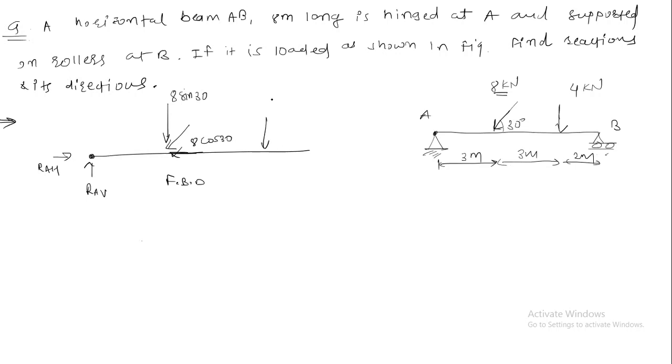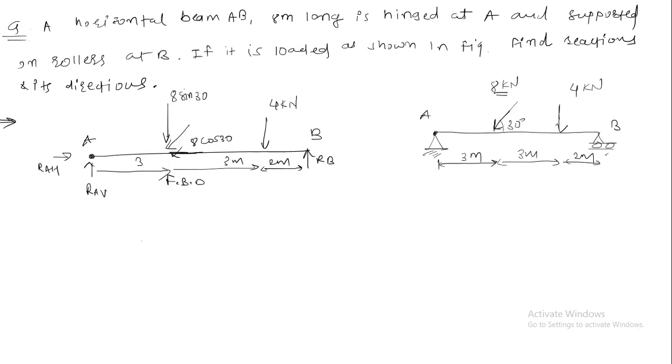One 4 kilonewton force and one reaction at RB. So this is 3 meter, this is also 3 meter, this is 2 meter. Okay, this is point A and this is point B. So we have to find the reactions and its directions.